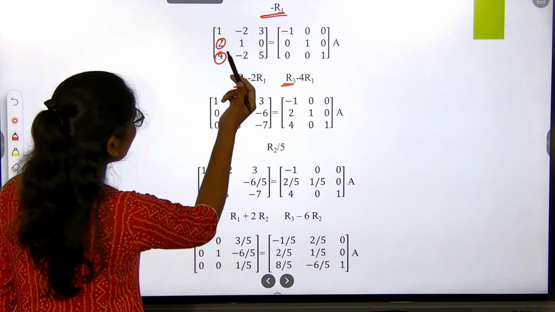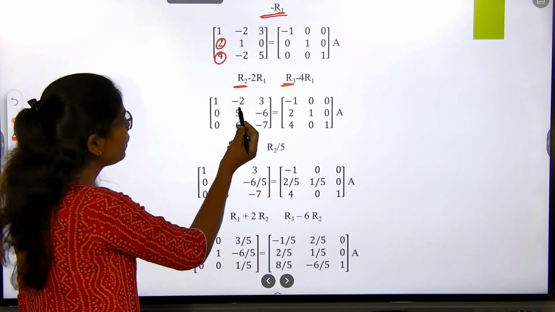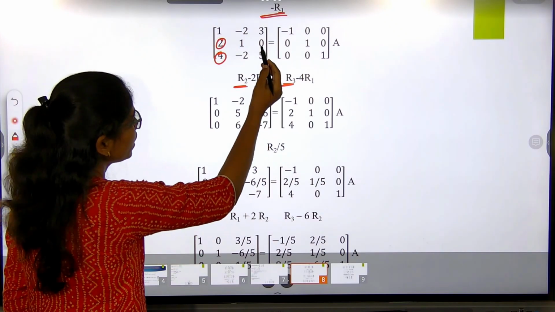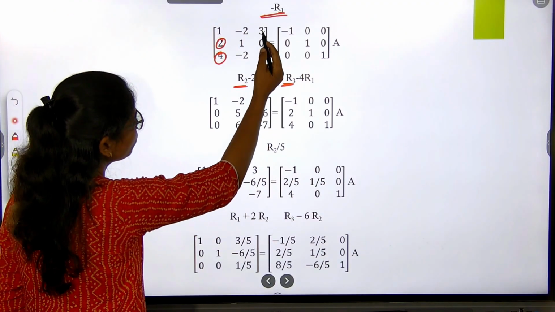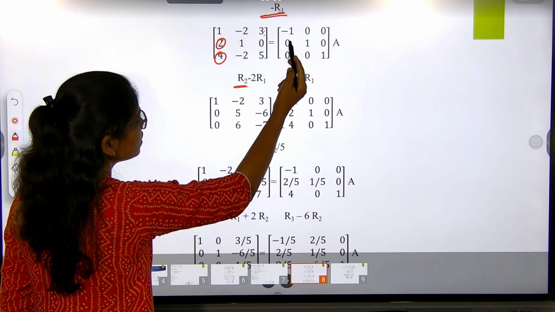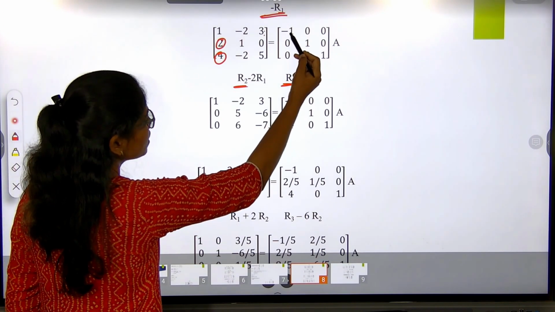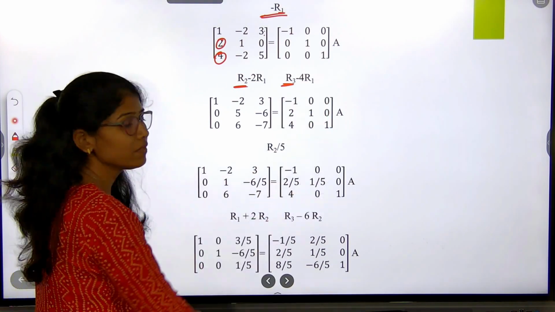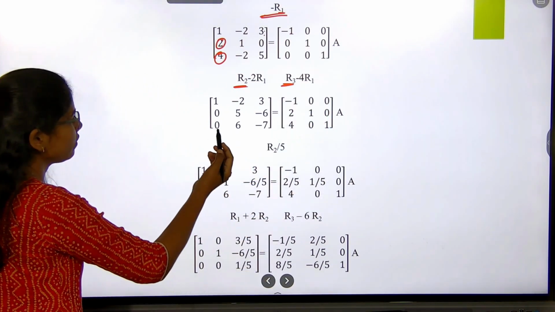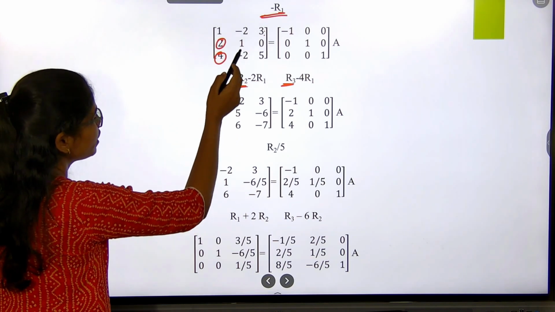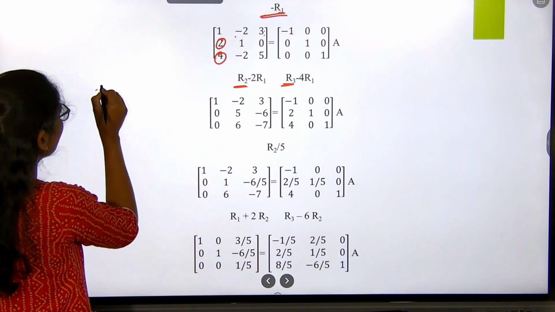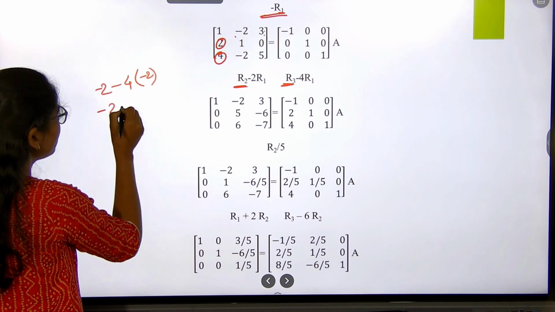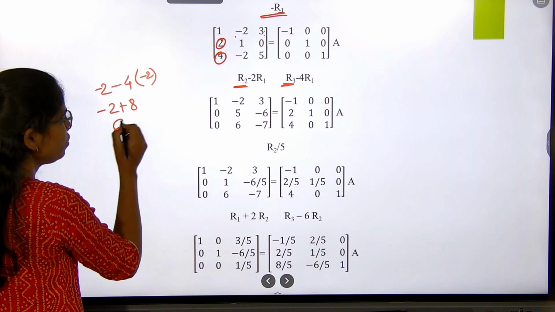So R2 minus 2 R1, 2 minus 2 is 0, then 1 minus minus 2 is 1 plus 4 is 5, then 0 minus 3 into 2, 6, so it is minus 6, 0 minus minus 2, so it is plus 2, 1 plus 0 is 1, 0 plus 0 is 0. Then same in R3, 4 minus 4 is 0, minus 2 minus 4 into minus 2, so it is equal to minus 2 plus 8, so it is equal to 6.